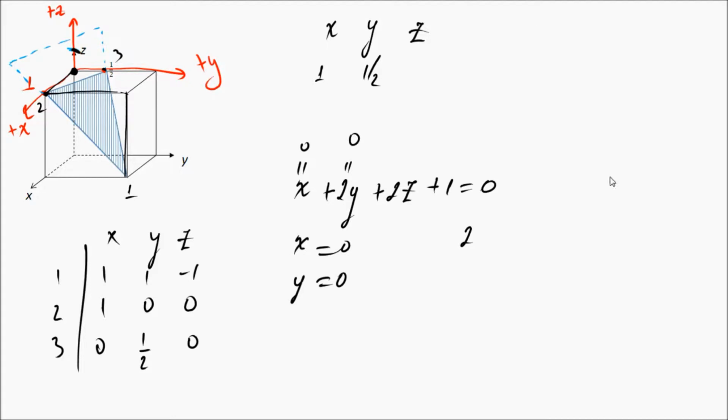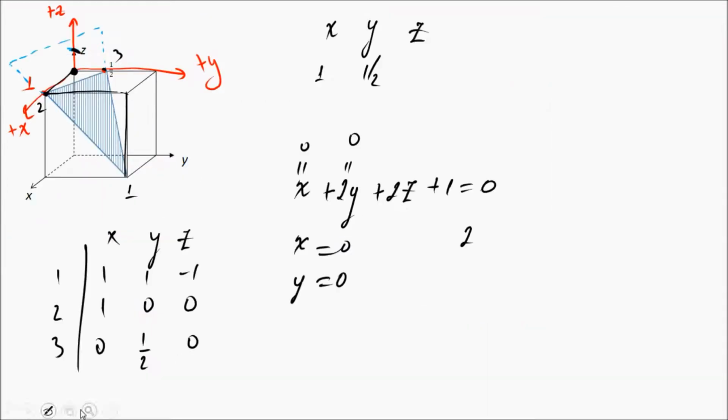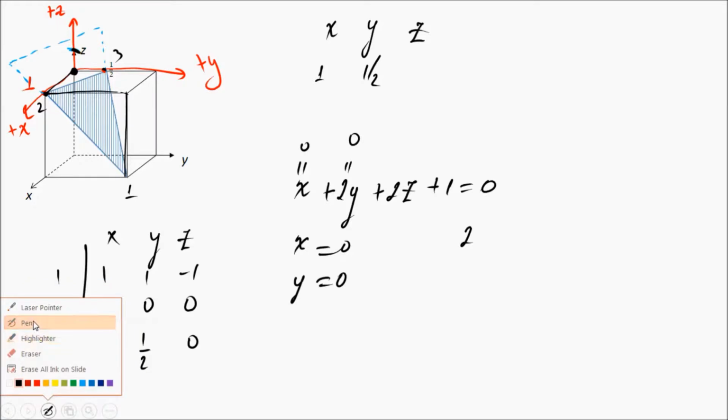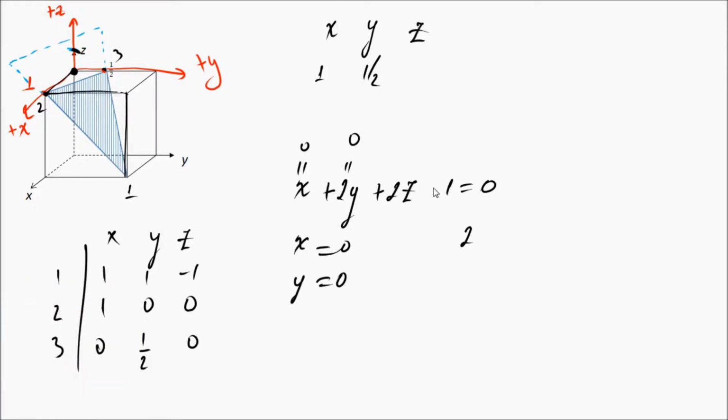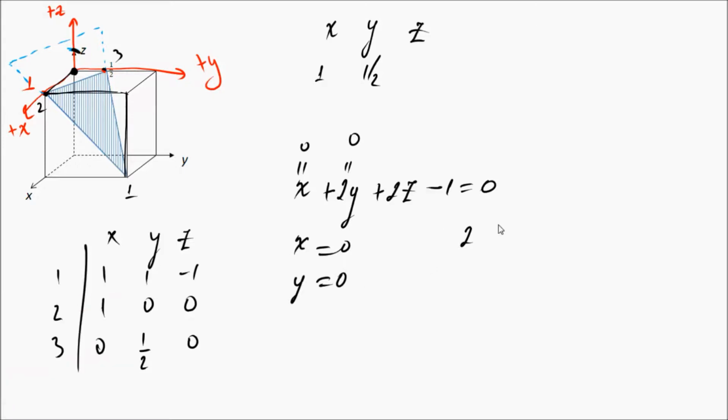Sorry, was it plus 1 or negative 1? It is minus 1. So this one is minus one over 2.